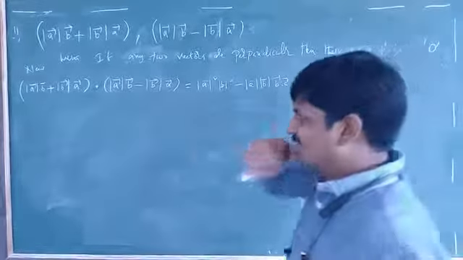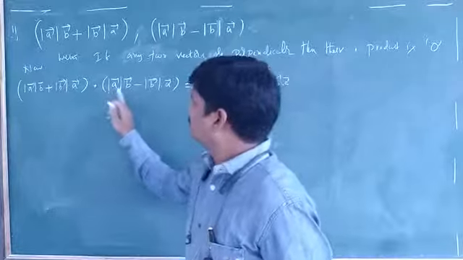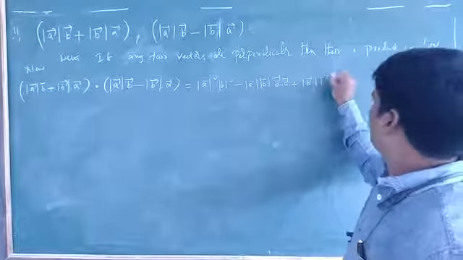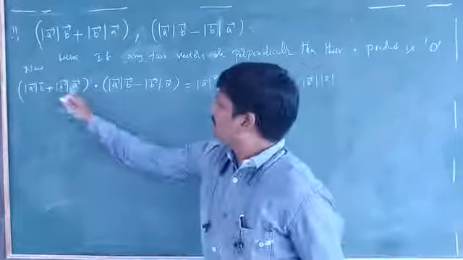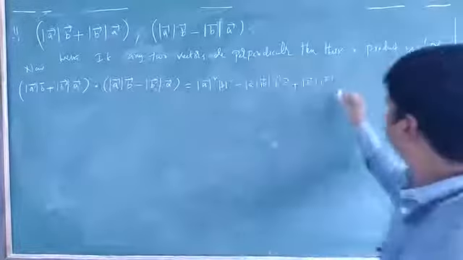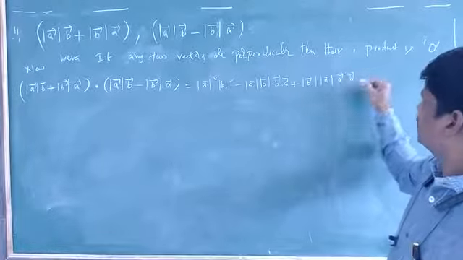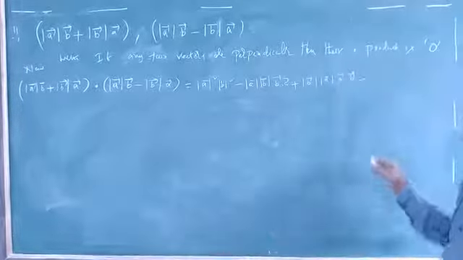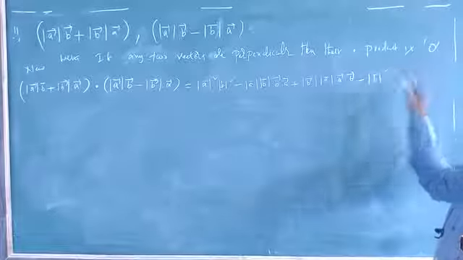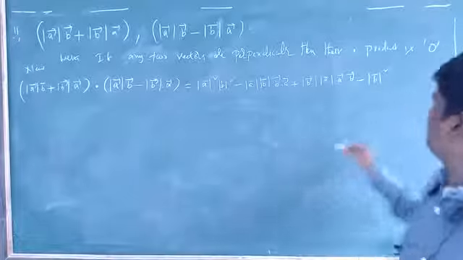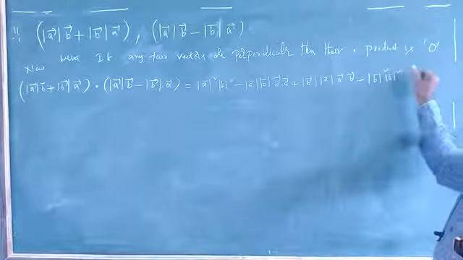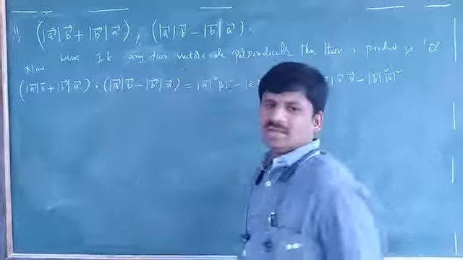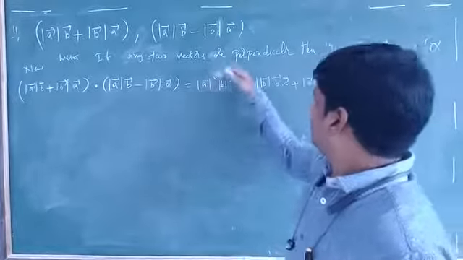By the second one, mod b bar into a bar, here plus mod b bar, mod a bar, mod b bar, mod a bar, b bar. Next, minus mod b bar into mod b bar, mod b bar square, a bar square. Or else simply you can take it as a plus b into a minus b, a square minus b square.